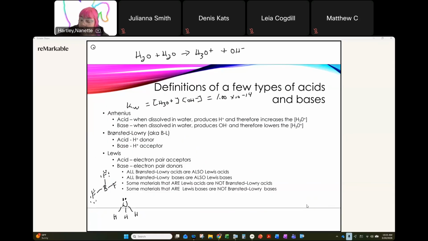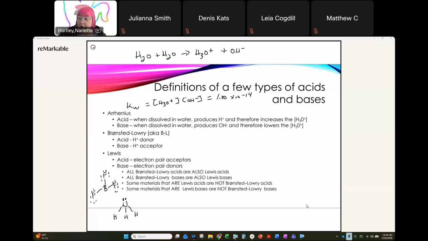But because boron only has 3 electrons to donate to this, this is the structure that we come up with. It's electron deficient. And that's one of the reasons that I like to talk about it, because it doesn't fulfill the octet rule for boron. It can't. Boron cannot make a double bond with fluorine because there's no availability of d orbitals for it to do so. So this is the best structure that we came up with, and it's electron deficient.